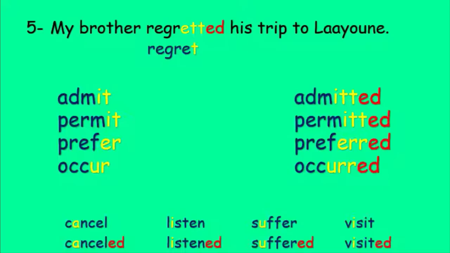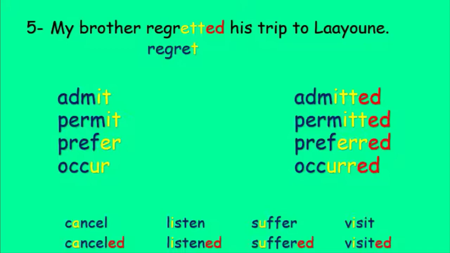In number 5, the verb is two syllables. Admit, permit, prefer, occur, regret. So there are two syllables. But the second syllable is stressed. So we say regret, not regret.